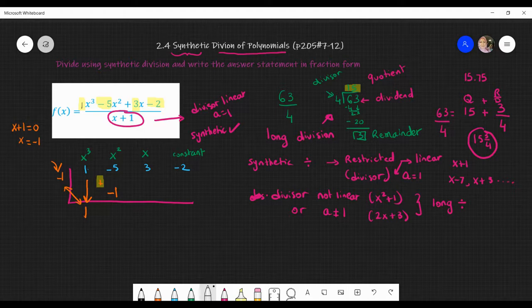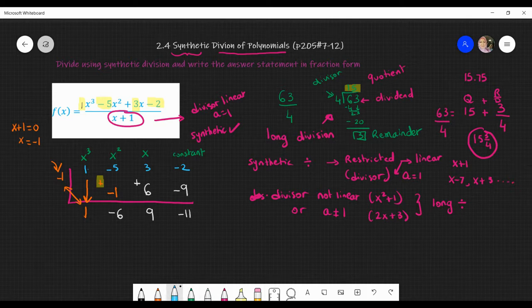So -5 added to -1 will be -6. And I'm going to repeat the process over and over. -1 times -6 is +6. And I'm going to add those coefficients. They're going to add up to 9. -1 times 9 is -9. And I'm going to add those.